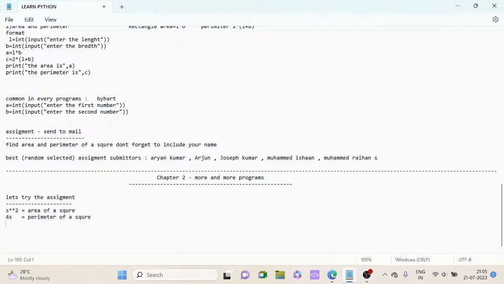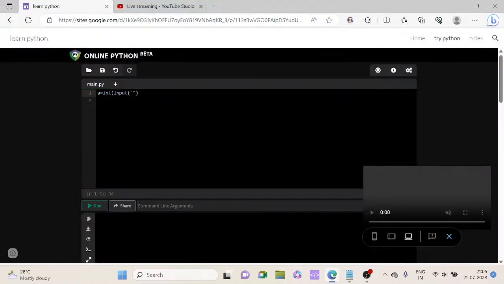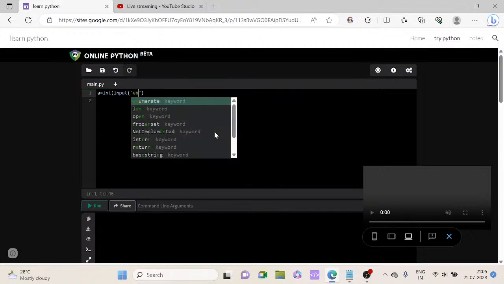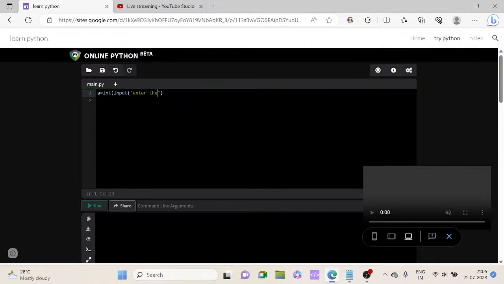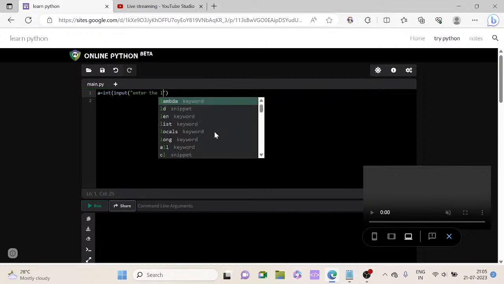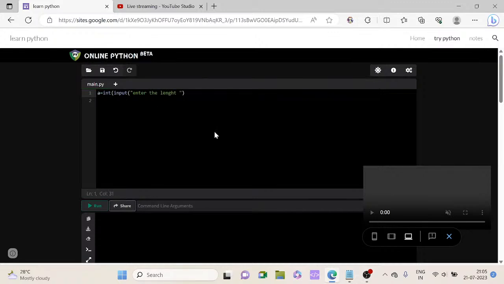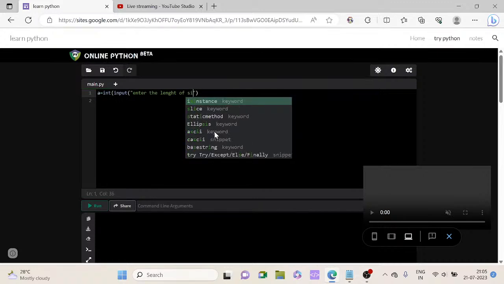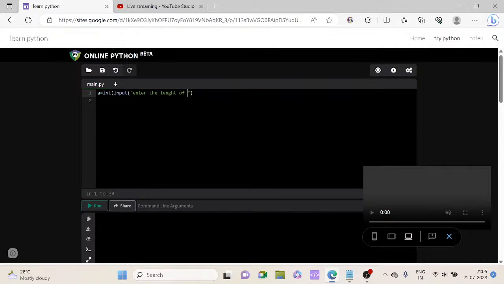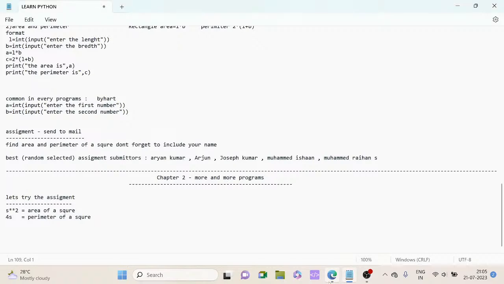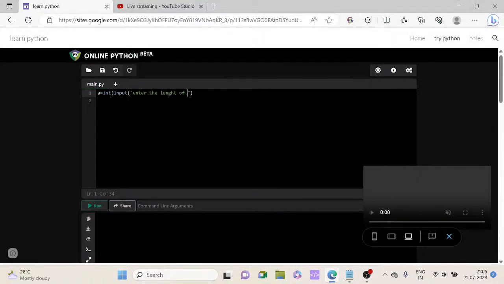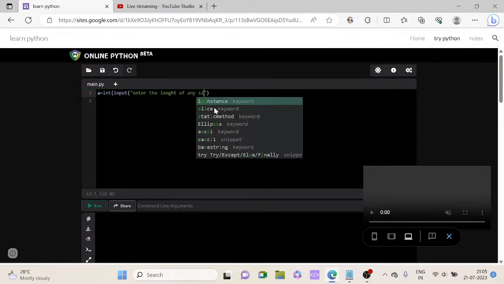We will be typing: enter the length of any one side. That side squared, A, is equal to its area.